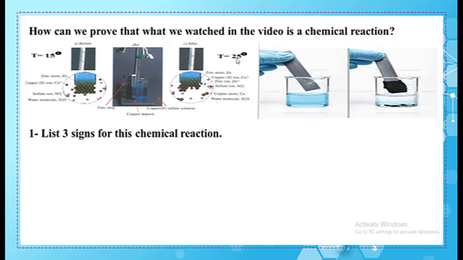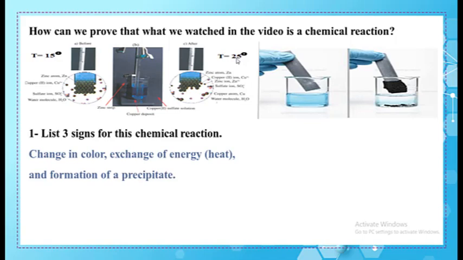So the increase in temperature means there is exchange of energy in the form of heat. So the 3 signs here are change in color, exchange of energy as heat, and formation of precipitate. As you see here, there is no precipitation at first, but after the reaction ends, there was precipitation.